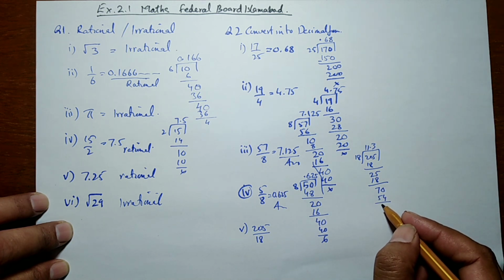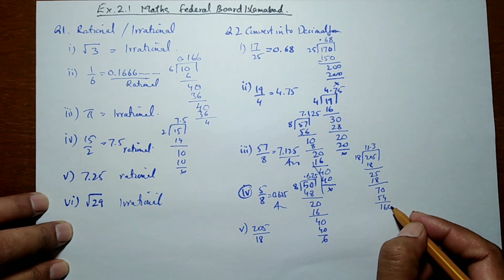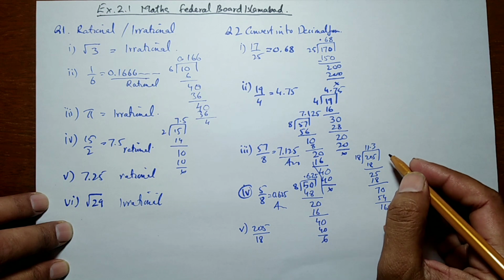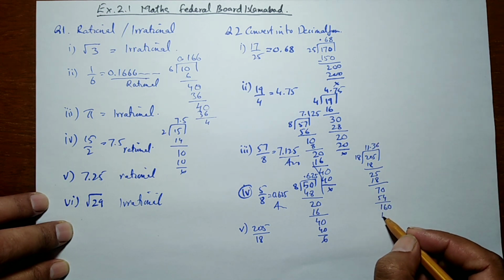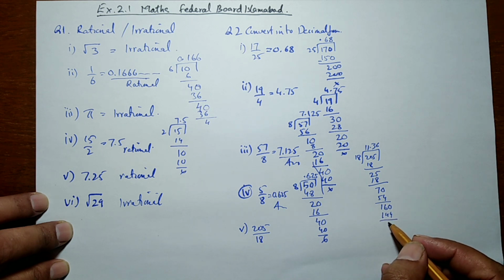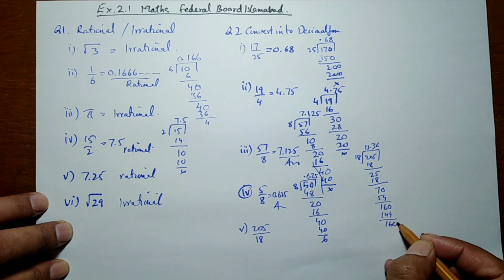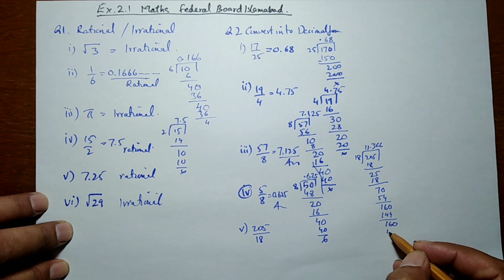The remainder is 16. We have point 0 here, and 18 6s are 108. We have the remainder, which is again 16. Introduce 0 here. 18 6s are 108, and we have remainder again.